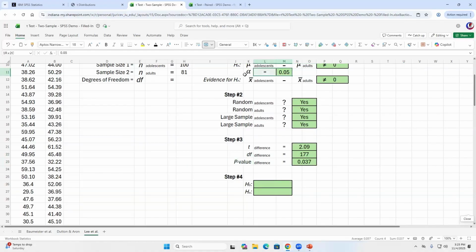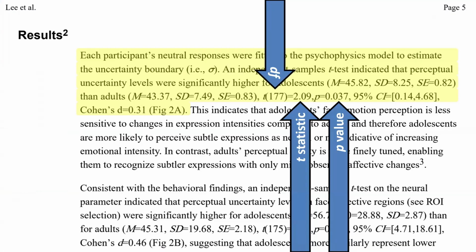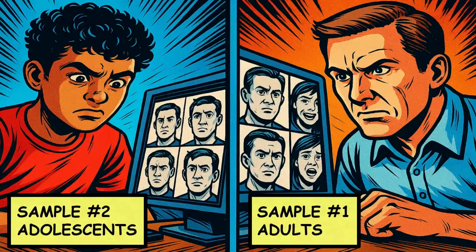We take a look at our alpha value. Our p-value is less than our alpha value, so we reject the null hypothesis. We accept the research hypothesis, and we have evidence that in facial perception, the perceptual boundaries are higher for adolescents than they are for adults.